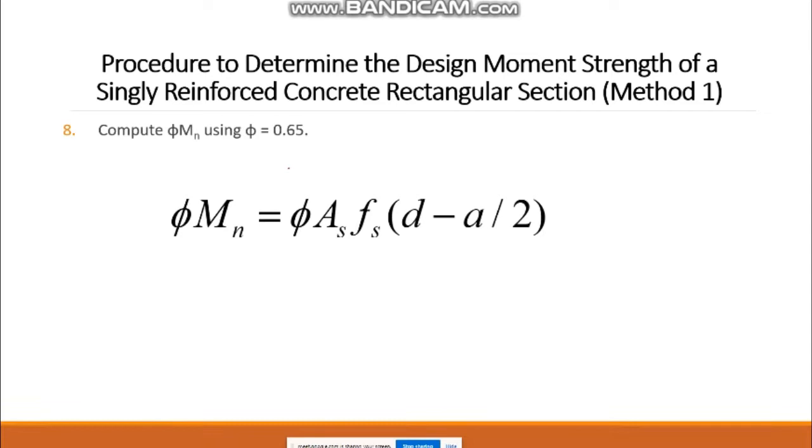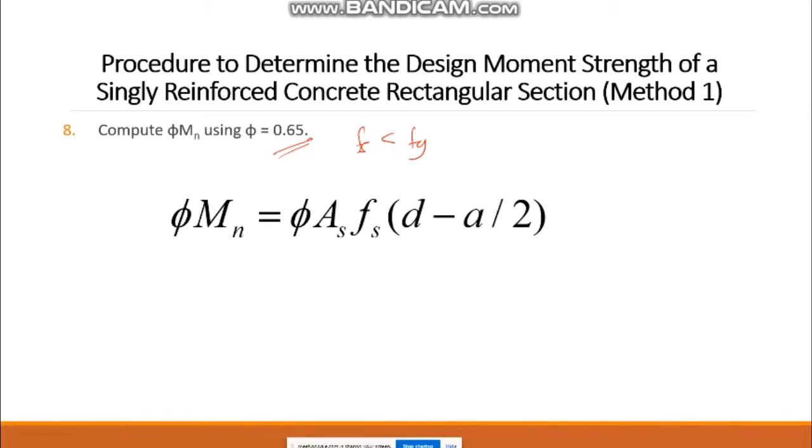So pag ganun nga ni, no? So kung if your fs is less than fy, then ang imong reduction factor is 0.65. Okay. That is the case when your fs is less than fy. So, ang imong phi is 0.65. Okay, so that is method 1.